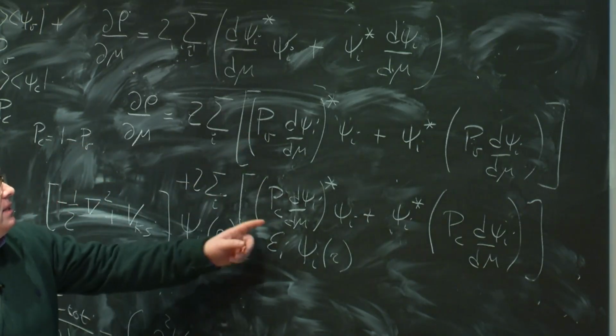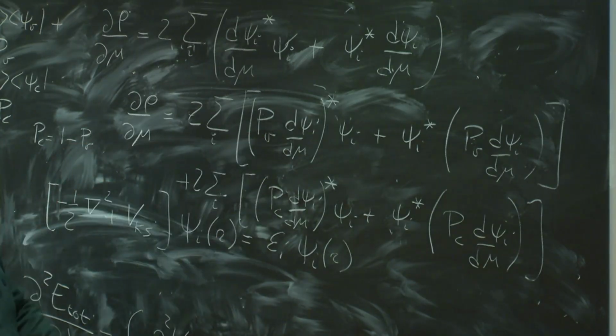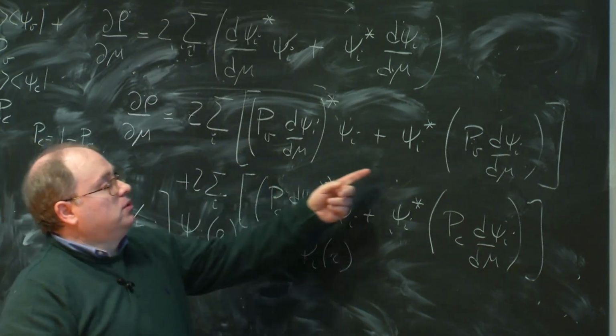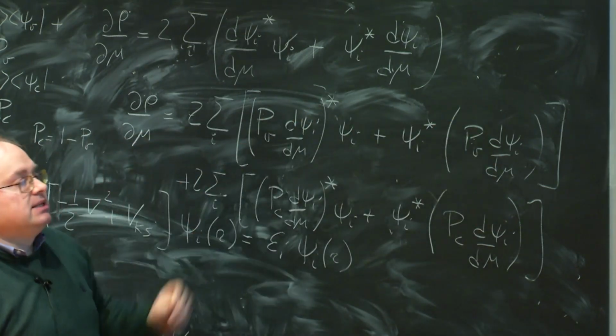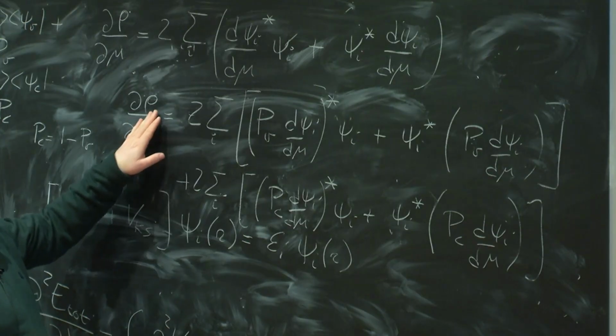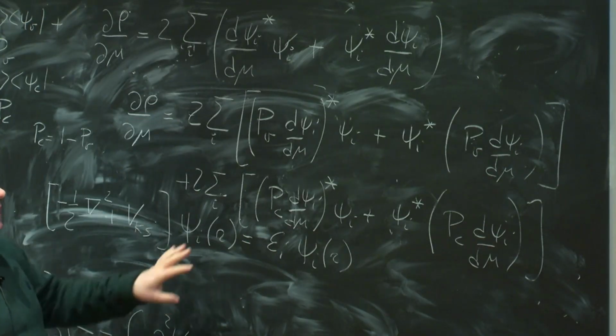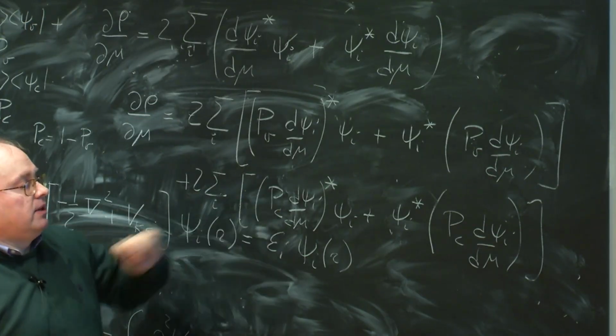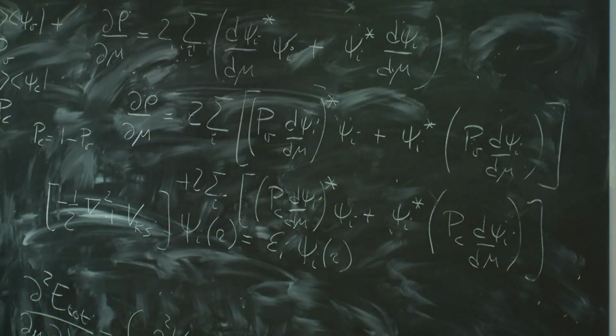And here PV plus PC, this is the identity. So I've not modified anything. But now I want to show you that this first term is 0, so that we can write the change of the charge density due to a perturbation only with the projection in the conduction band of the change of the wave function.